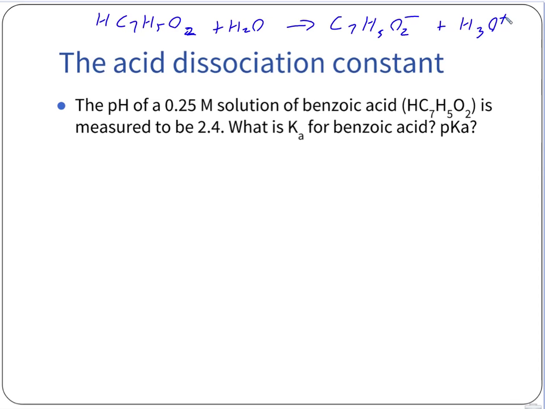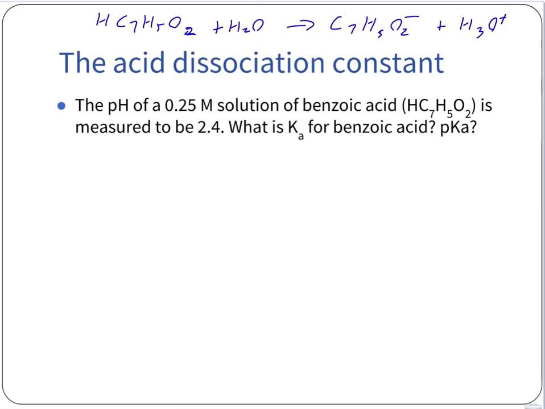Now, usually in terms of doing these, it's going to be a little bit simpler if we write this not in terms of the water. Instead of hydronium, we look at it in terms of a hydrogen ion, basically as we would if we were doing this as if it were an Arrhenius acid.